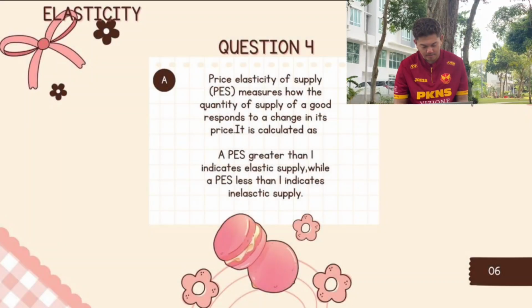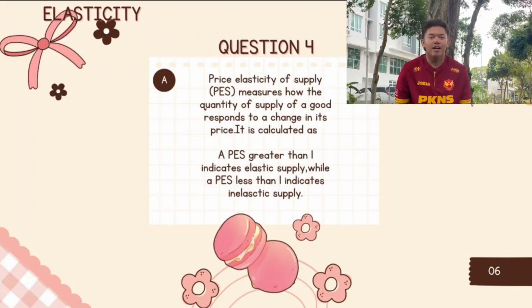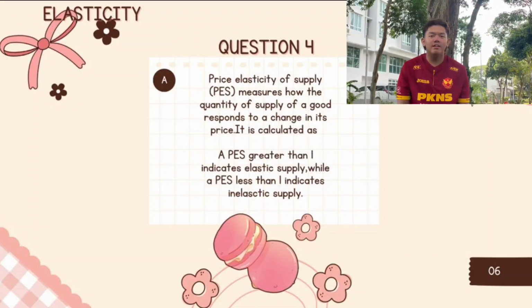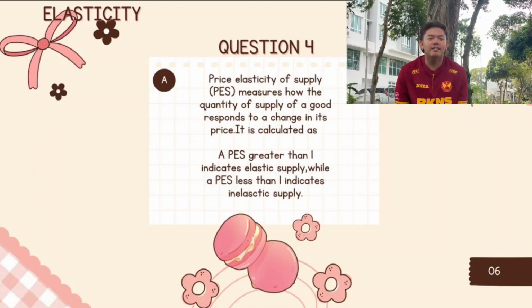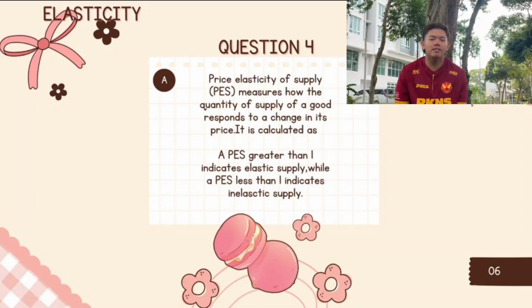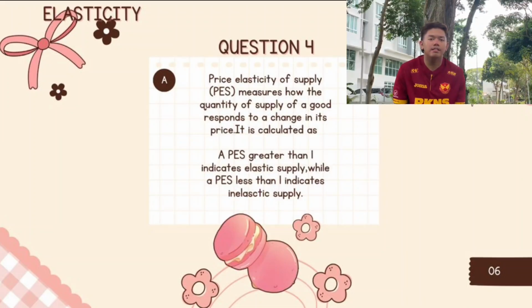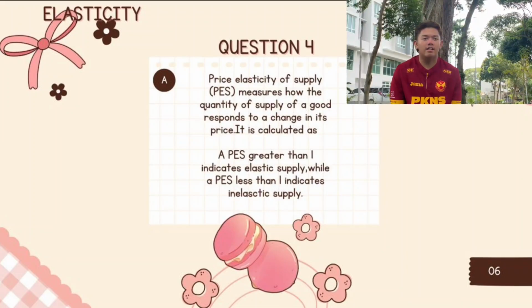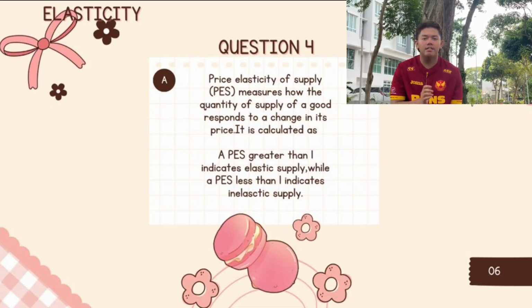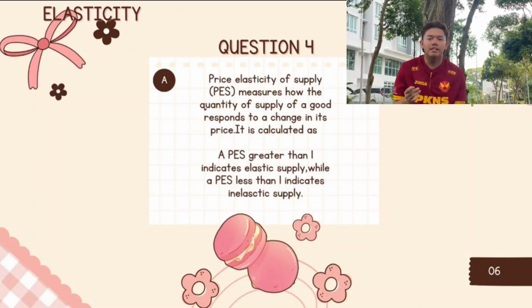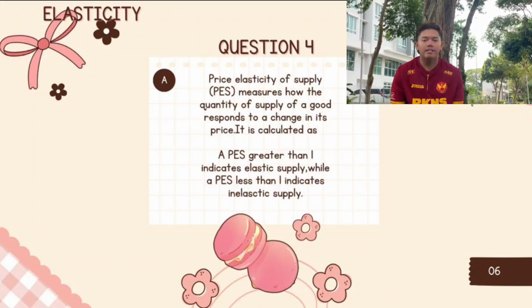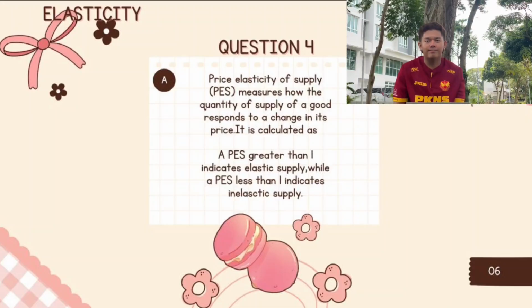That's all. So for question 4, the price elasticity of supply (PES) measures how the quantity of the supplied good responds to a change in its price. A PES greater than one indicates elastic supply, while a PES less than one indicates inelastic supply.